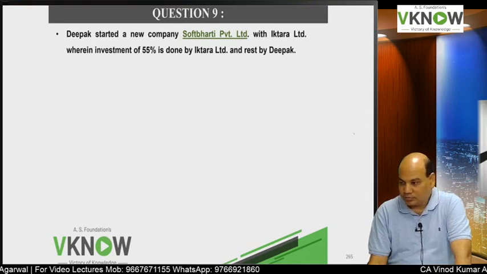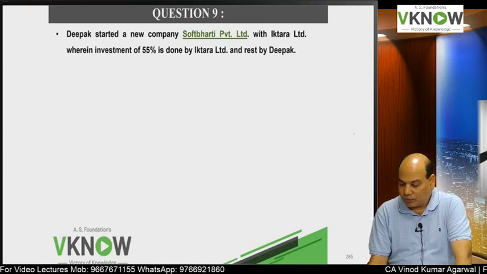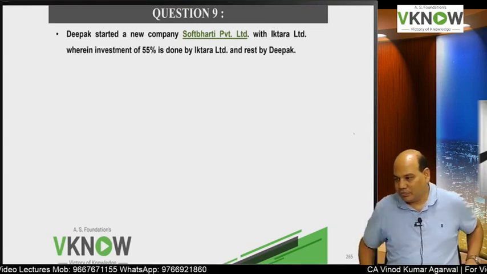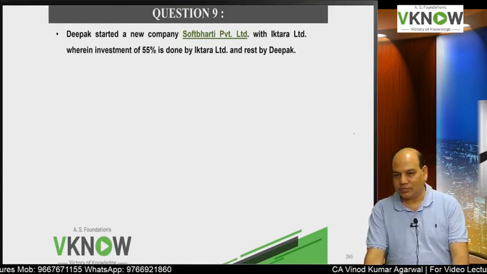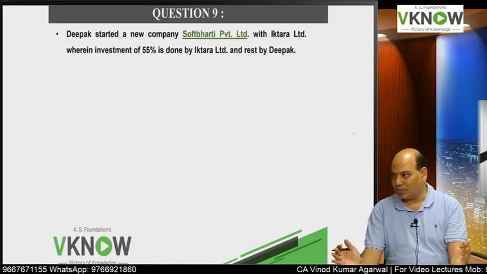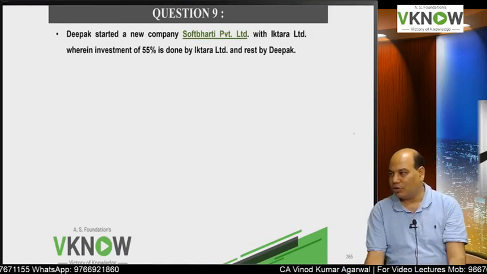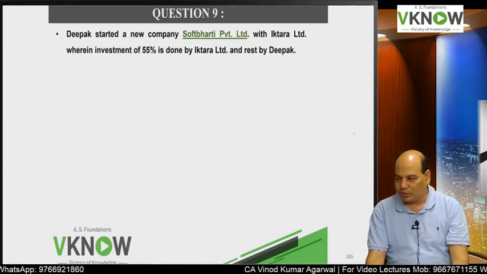Deepak started a new company, Soft Bharti Private Limited, with Iktara Limited. So these are two companies, Deepak and Iktara, they combined together and formed a company called Soft Bharti, wherein investment of 55% is done by Iktara.